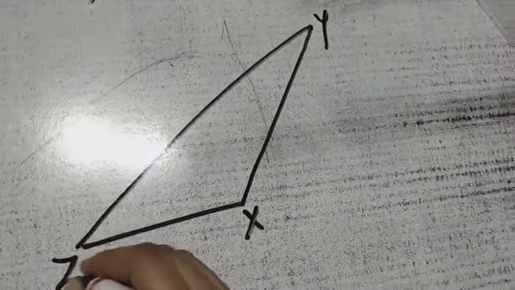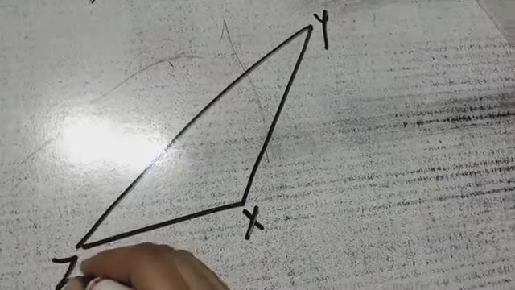Verify by drawing a diagram if the median and altitude of an isosceles triangle can be the same. We have to tell whether they can be the same. So first of all, for that we'll have to draw an isosceles triangle. An isosceles triangle has two sides equal, meaning the measurement of two sides is equal.